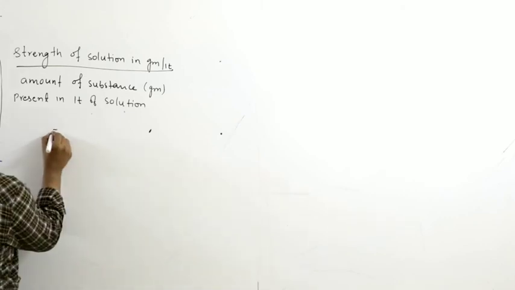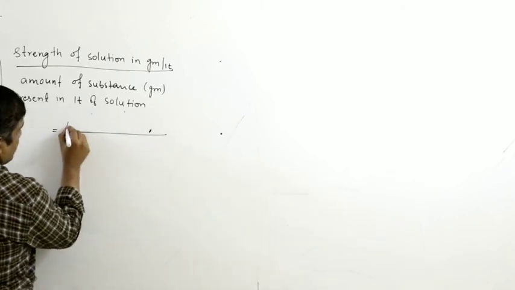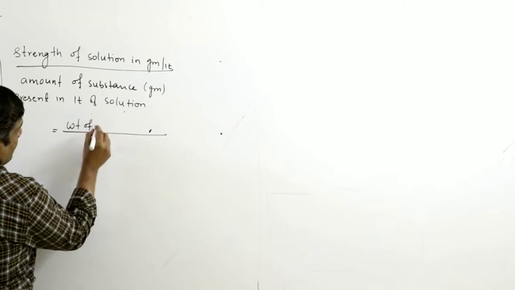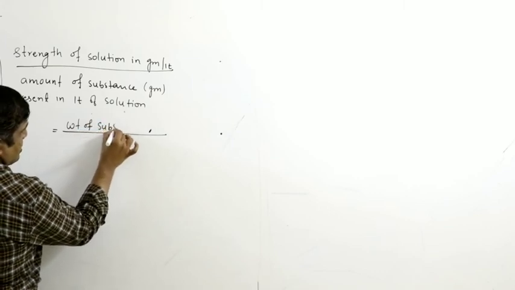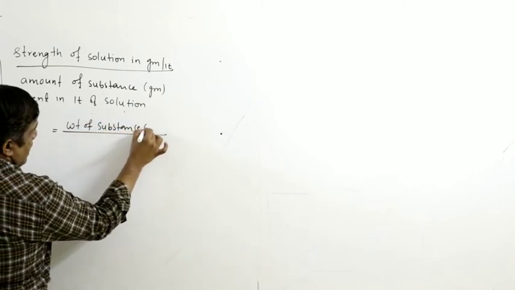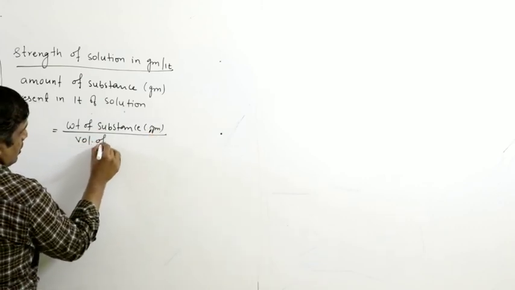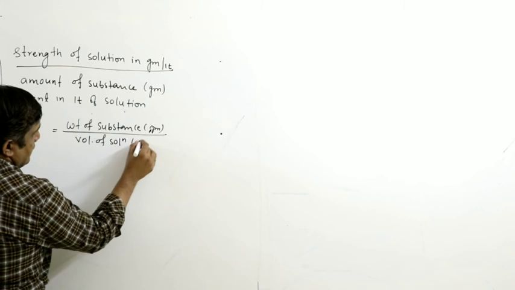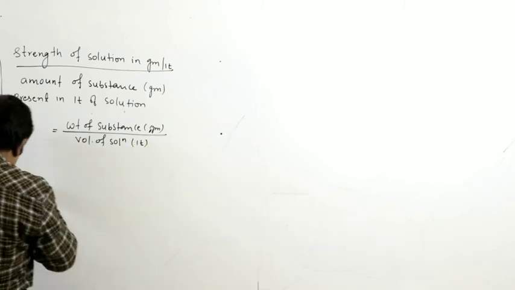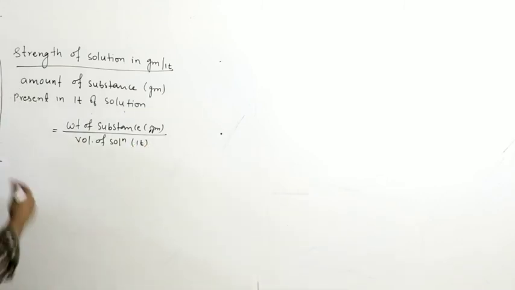So strength of solution in grams per liter is nothing but weight of substance, nothing but solute only, in grams, by volume of solution in liters.